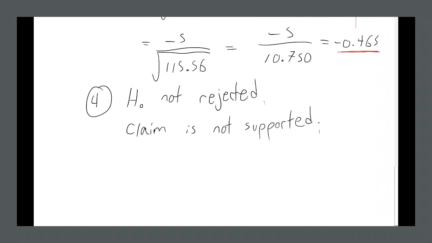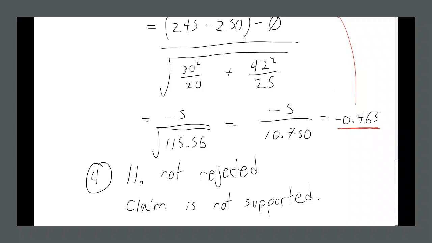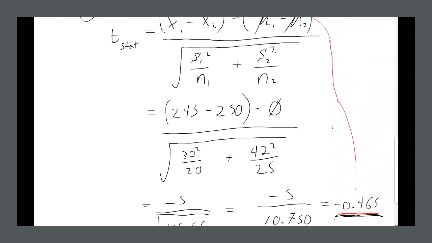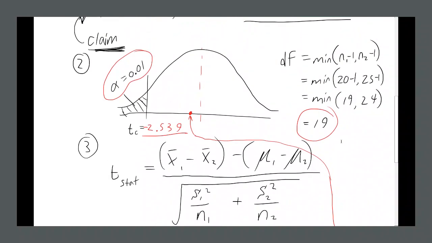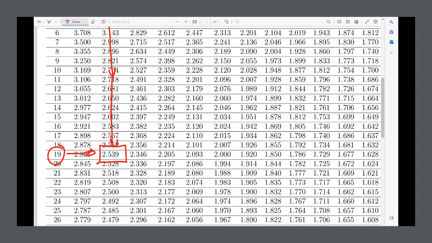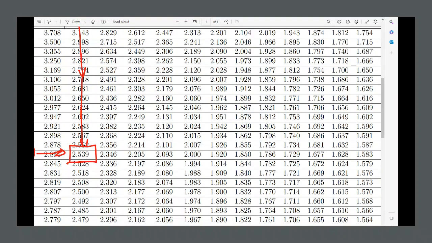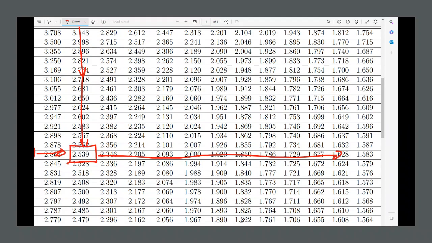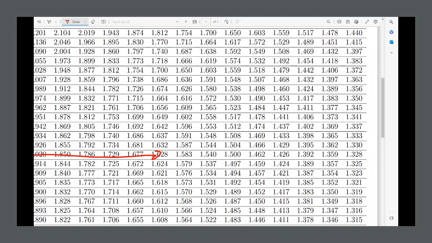Now, if you prefer the p-value method, you would have to look for 0.465 on the t-table. The t-table only shows the positive values, so you would have to look for positive 0.465 at 19 degrees of freedom. Now, if we look for positive 0.465, you'll see that we never even get there. 0.465 is even more to the right of the smallest number here, because the numbers get smaller as you move to the right.